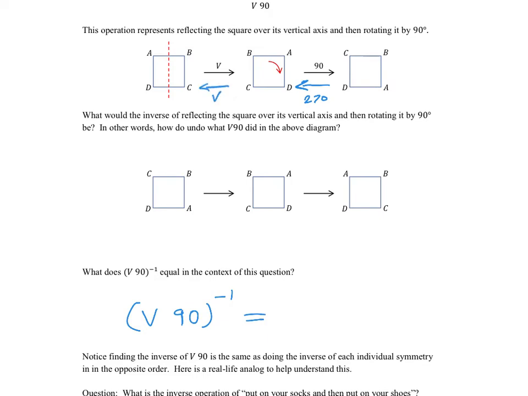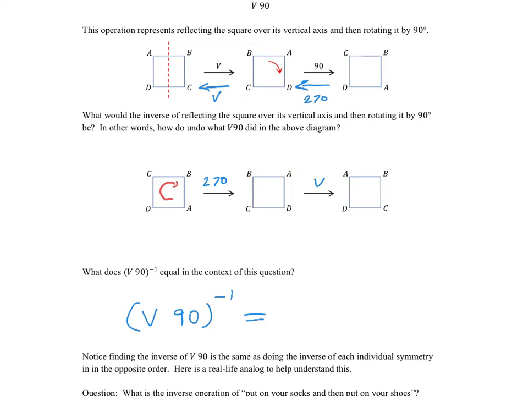So that's exactly what we do to find this inverse when we put it all together. So first we do a 270, and then we perform a V afterwards. And that's exactly what occurred here. So if we track the A like we've been doing before, we rotate it 270. The A started down here and it went 1, 2, 3, all the way around to the top right.